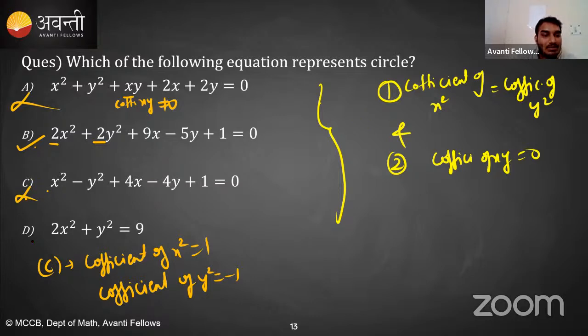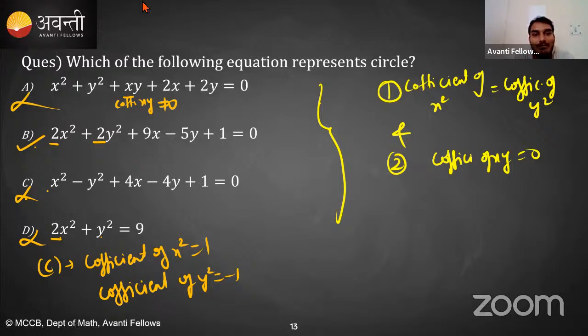Okay. Second, is D a circle or not? Again in D, the coefficient of x square is not equal to the coefficient of y square. The coefficient of x square is 2, the coefficient of y square is 1. So D is again not a circle. These both conditions 1 and 2 should be satisfied. If any of these conditions is not satisfied, then you can say that it is not a circle. Is this clear or not?